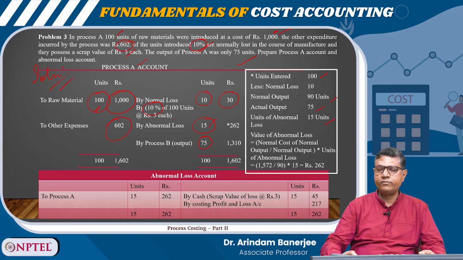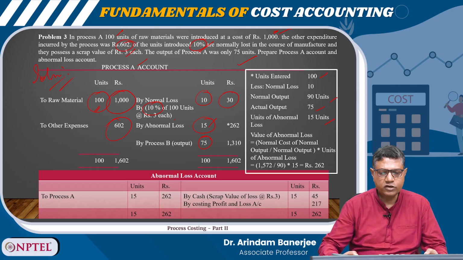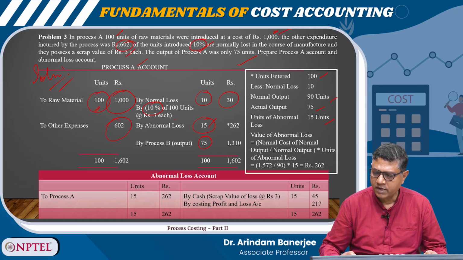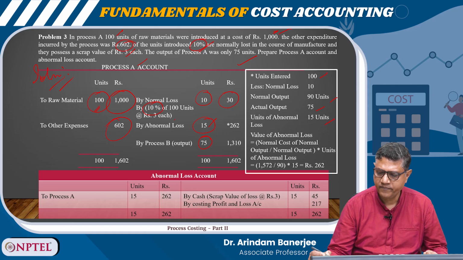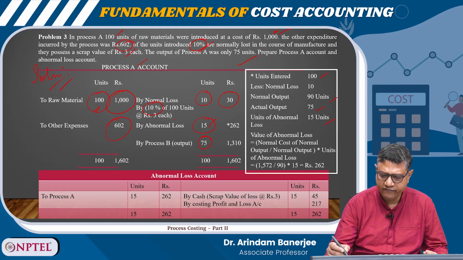So, the value of abnormal loss is the normal cost of normal output into the units of abnormal loss, right. Now, this normal cost of normal output is coming 1572, right. How is it 1572?